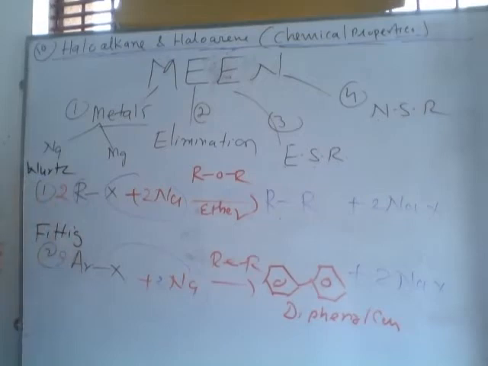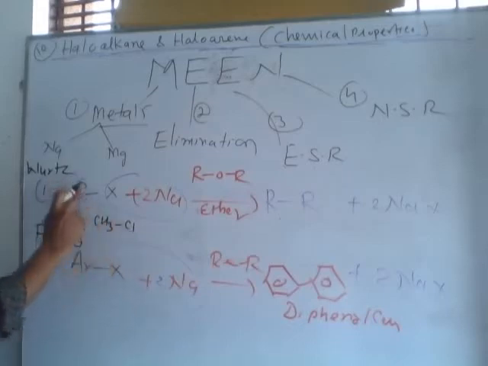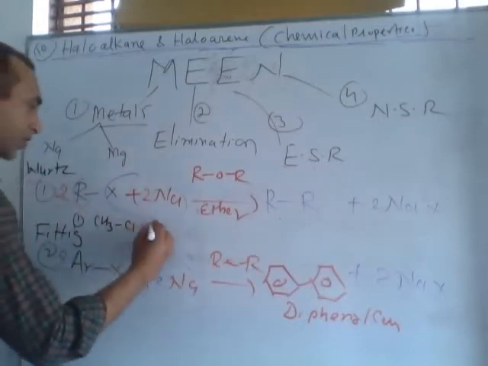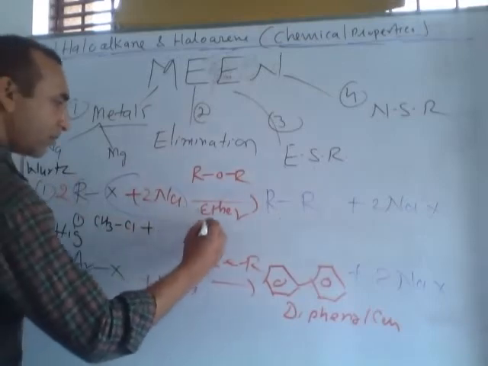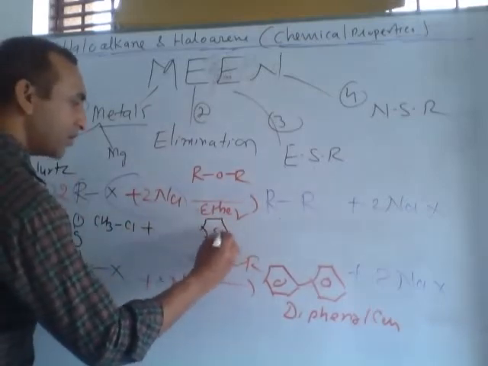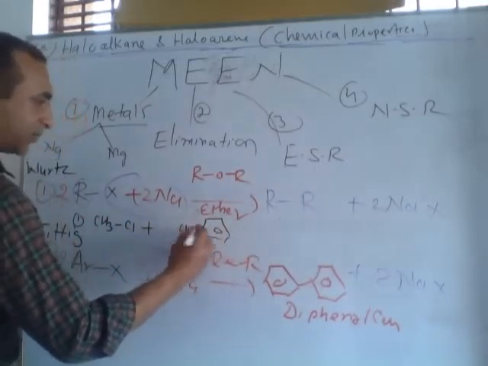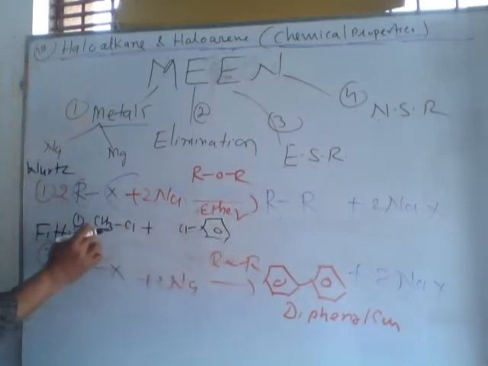In Wurtz we use alkyl, but in the Fittig reaction we use aromatic. This is CH3Cl, part of Wurtz, and this aromatic ring, suppose this is chlorobenzene, and this is chloromethane. Both react with sodium.